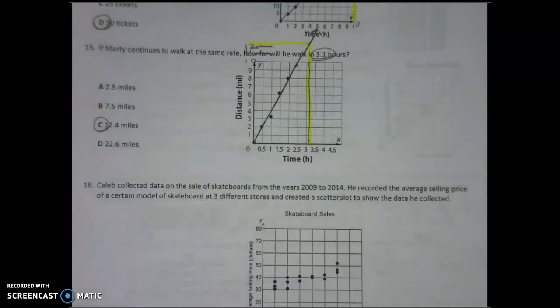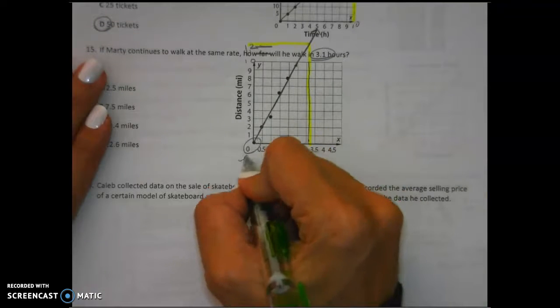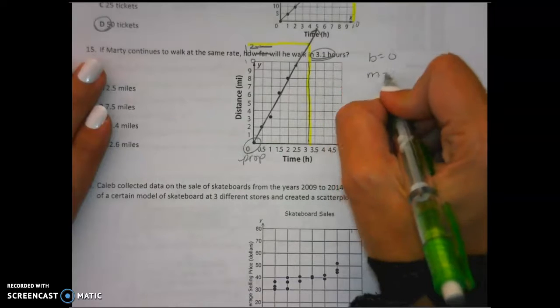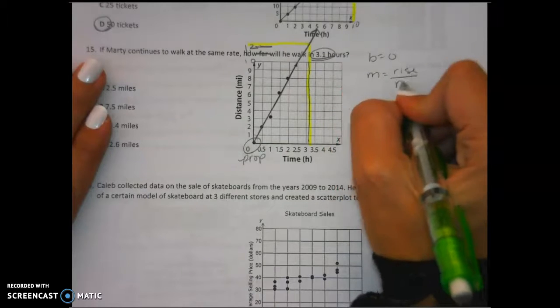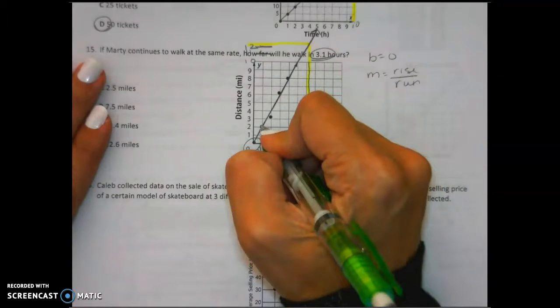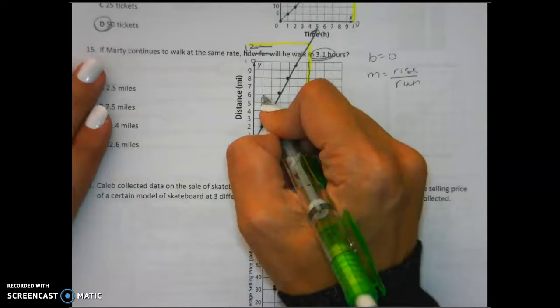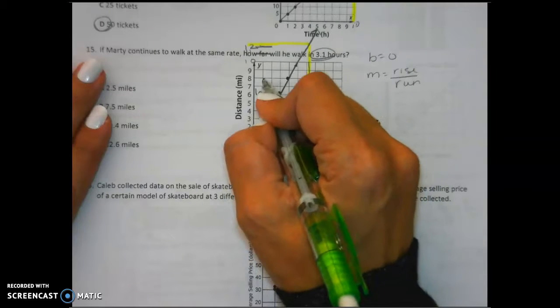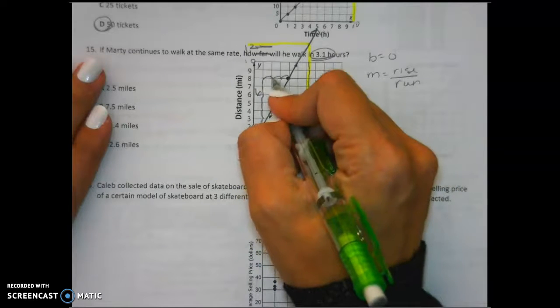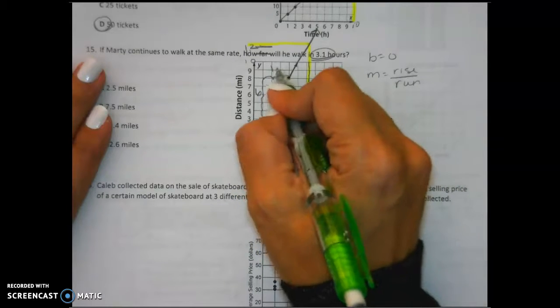Now we can also write an equation of the line. We've practiced that. We can count. This is proportional. So the b is 0. We can count the slope. We can count rise over run. Because we have 2 dots right here. So pay attention to your scale. So 1, 2, 3, 4, 5, 6. And now this is counting by half, so be careful. So this is a half, a whole, and 1 1/2.